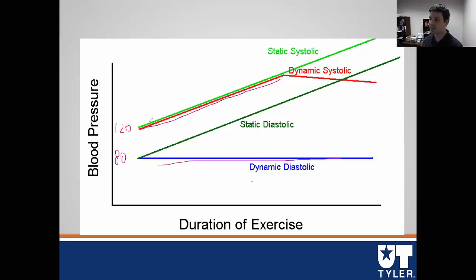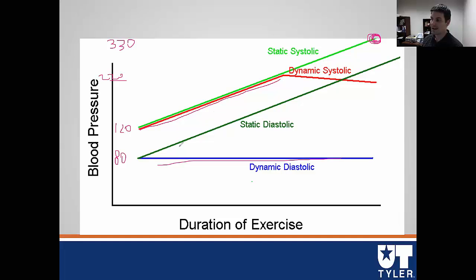In static, we see the same increase in systolic blood pressure relative. However, at maximal, it gets to a much, much higher level. Indeed, it's not uncommon to get 330 millimeters of mercury here, whereas dynamic is usually 220 or so.